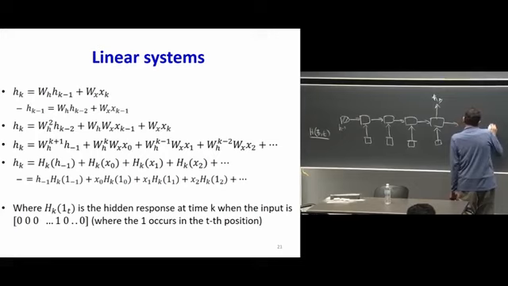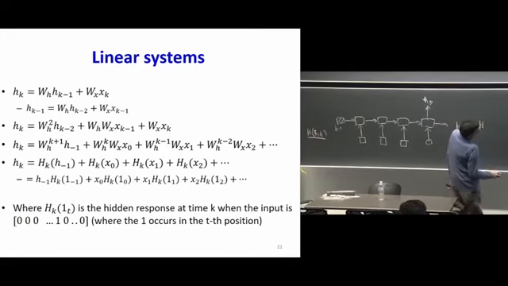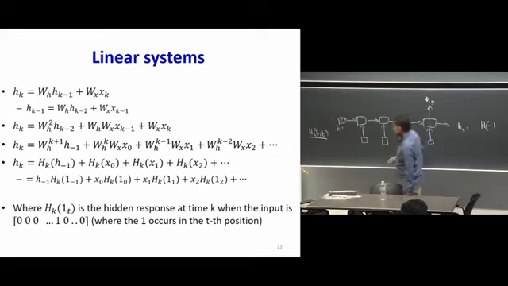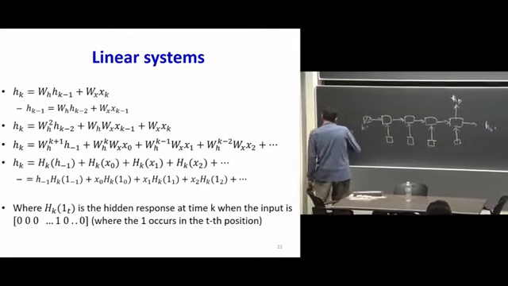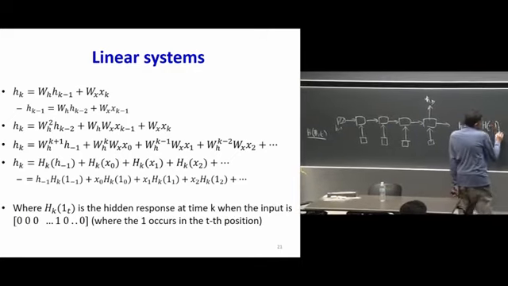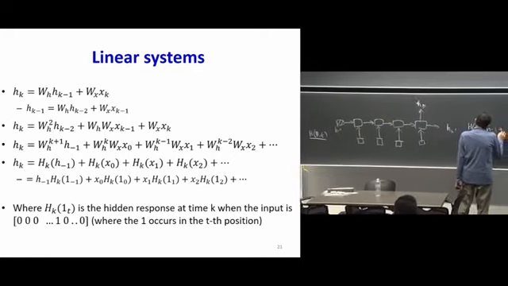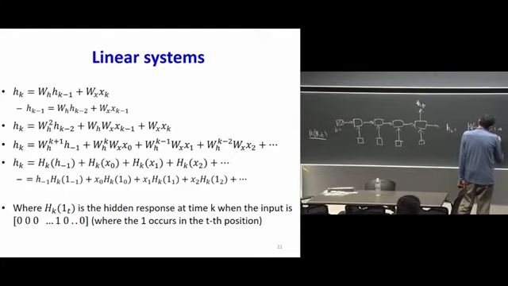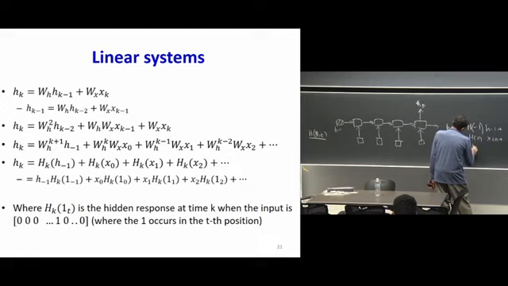was H, how did we have it? Minus 1. In fact, I will just skip this 3 over here. Let's call this HT for now. So this was H of minus 1 times X of minus 1 plus H of 0 times X of 0 plus H of 1 times X of 1, and so on.